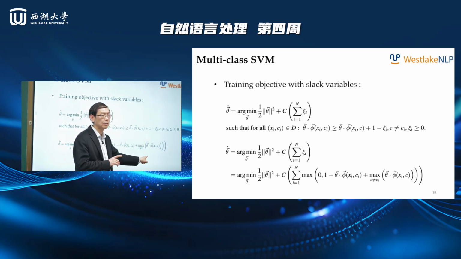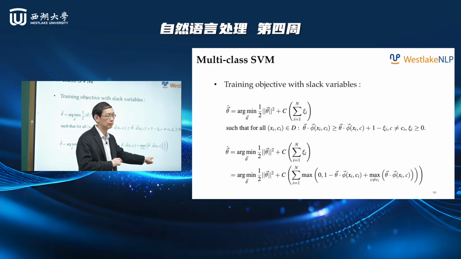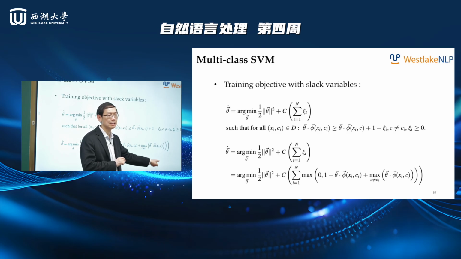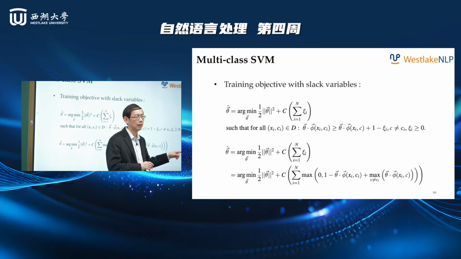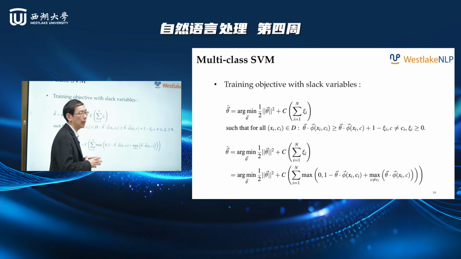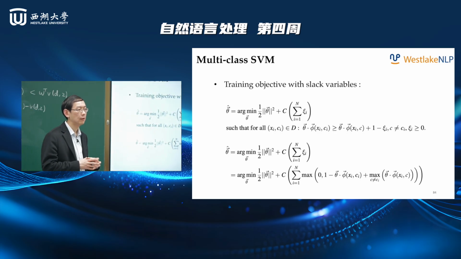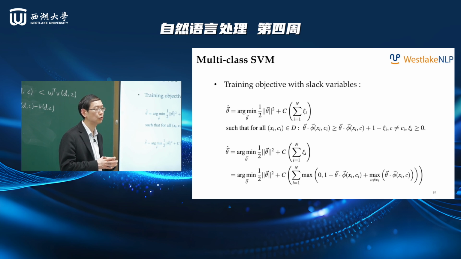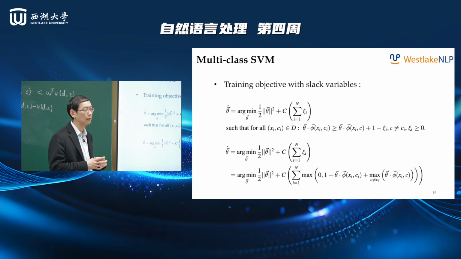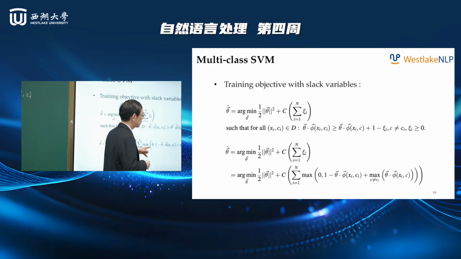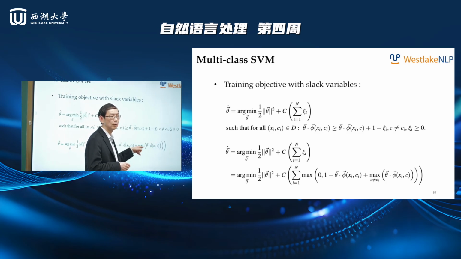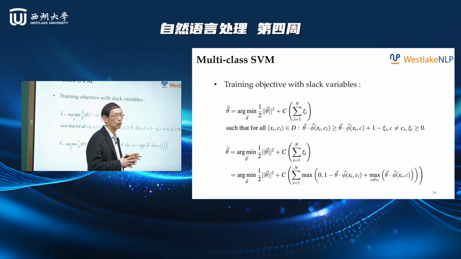This max is the model output, because the model finds the highest scored class label as the output. So max over c of omega phi(x, c) is the model output. And so the score difference is the gold sample score minus the model output score.